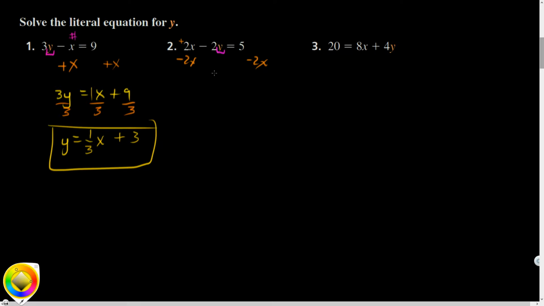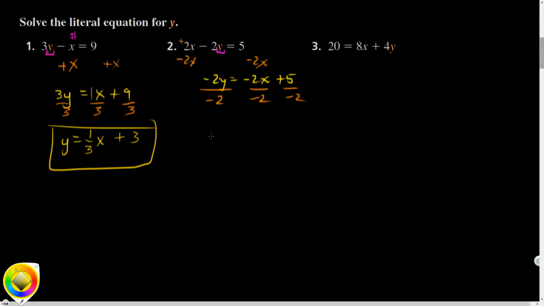That's a legal move. So I'm going to have negative 2y is equal to negative 2x plus 5, or 5 minus 2x. What else could I do? Divide by negative 2, yeah. And every term gets divided by negative 2.